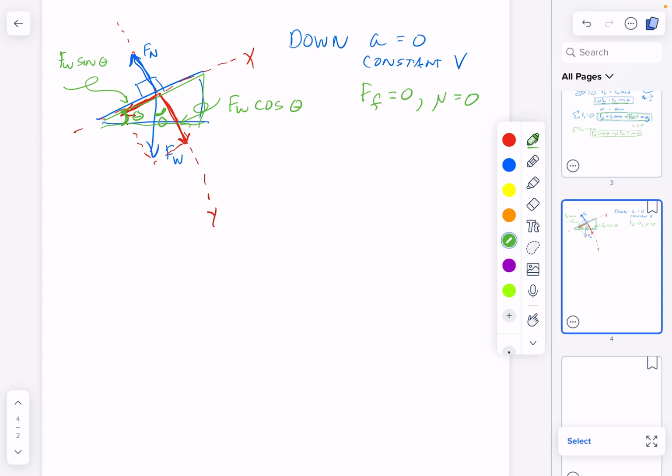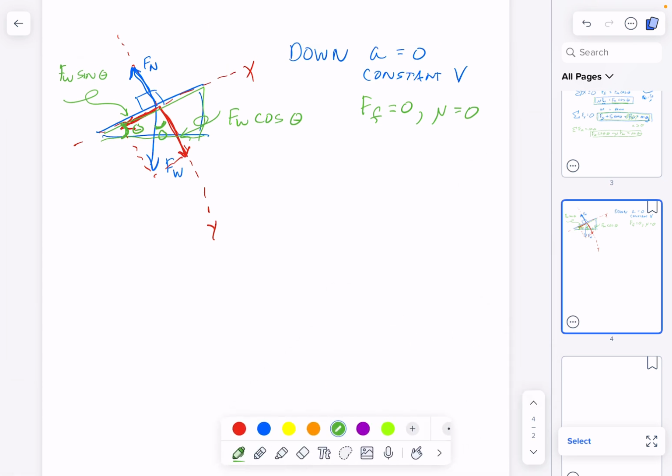The only force that is working horizontally along the x-axis is going down the plane, which means that's going to be an unbalanced plane. So I'm going to hold off on this for a minute. I'm going to come back to that.